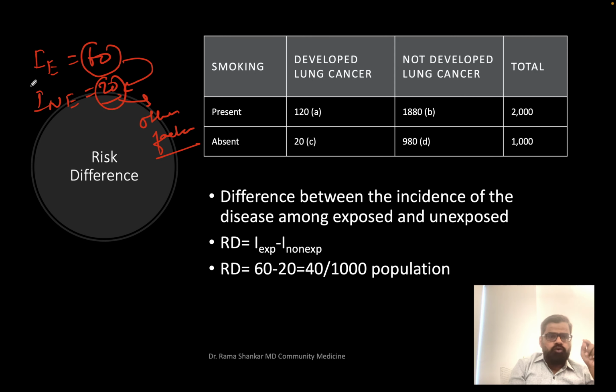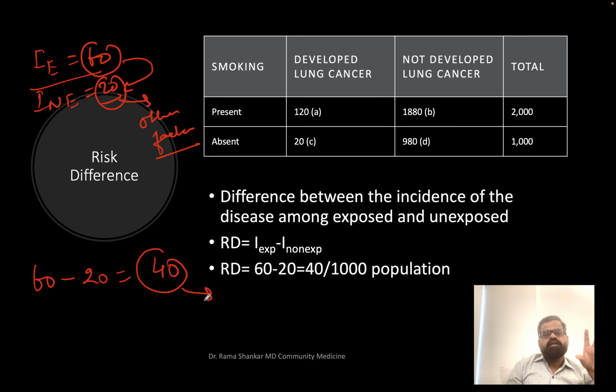So I want to know what is the risk difference with regard to smoking. So what I'll do, I'll subtract 20 from 60. I will say 40 people in 1000 will definitely develop lung cancer due to smoking.